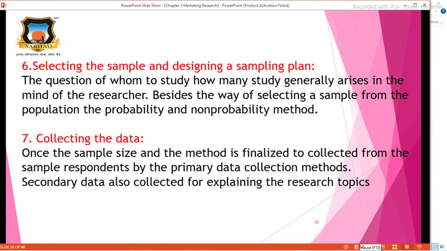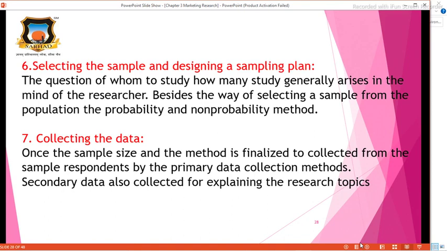The next step is selecting the sample and designing a sampling plan. The question of whom to study and how many to study generally arises in the mind of the researcher. Besides, there is the way of selecting a sample from the population, the probability and non-probability methods.